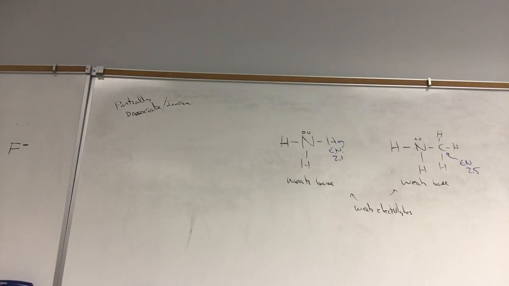If you have an upset stomach and you ran out of milk of magnesia, would you eat sodium chloride? Yeah, the chloride is too weak of a base. It's not going to do anything for you. Even though it's up here, it's so weak that its basic properties aren't significant. But fluoride's way down here, so fluoride's base properties are much more significant.